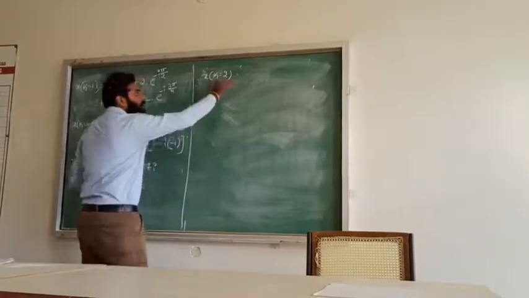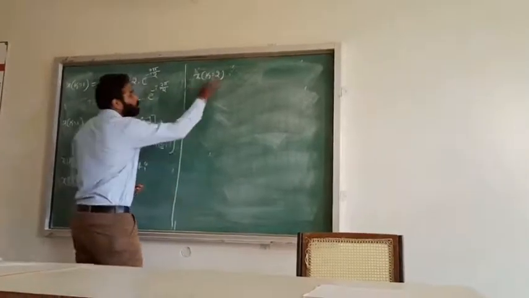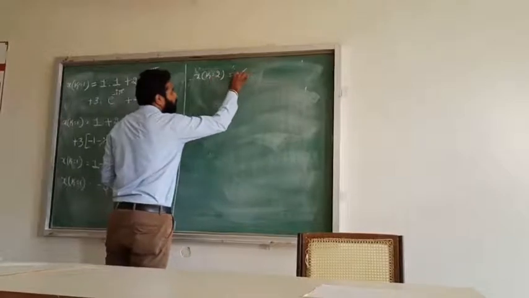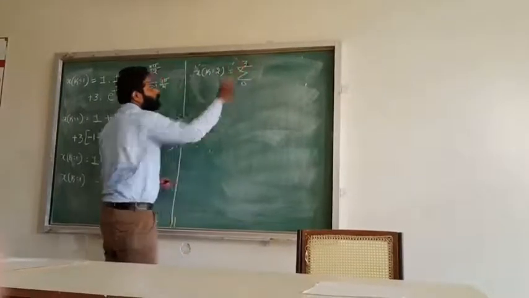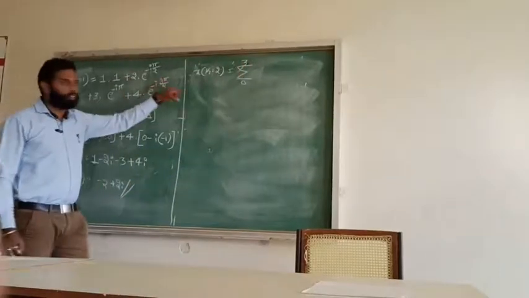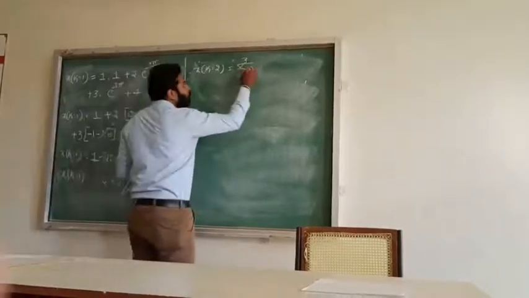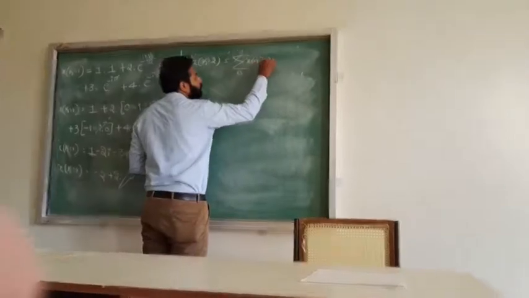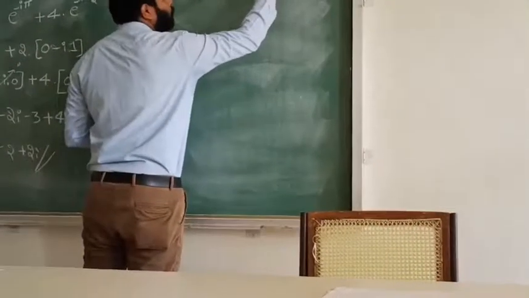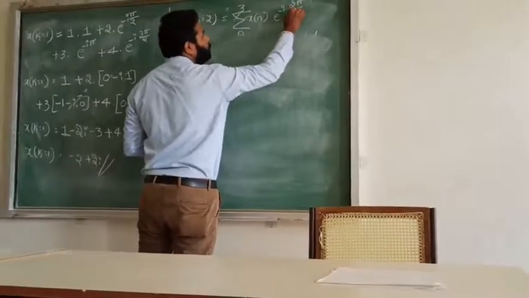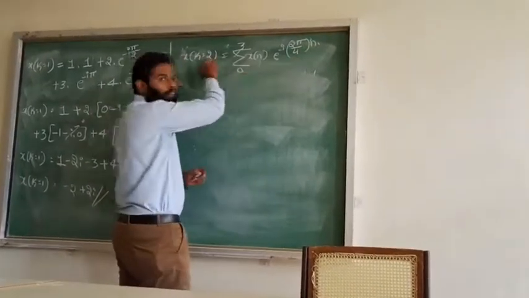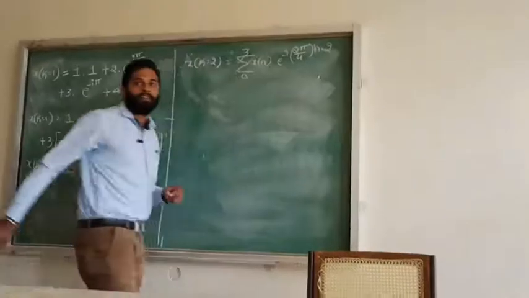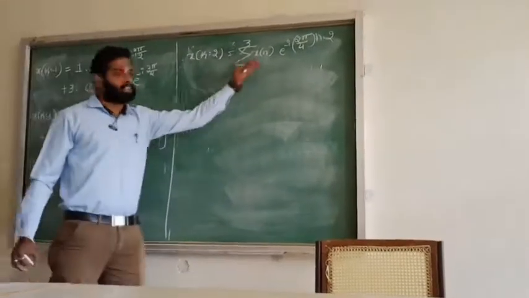Okay, now first we'll write the general equation. That's equal to summation n is equal to 0 to 3, x of n e raised to minus i 2 pi divided by capital N, which is 4, into n into k. K is equal to 2. This is our general equation.